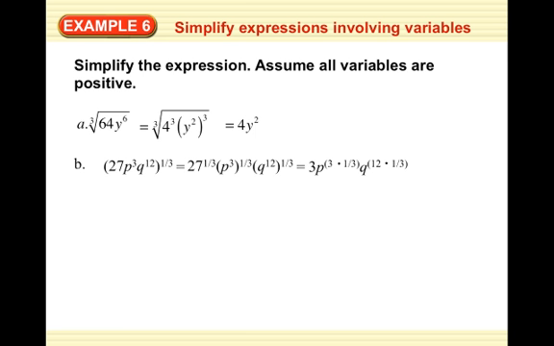We've got p to the 3rd power to the 1/3 power. So we're going to multiply those exponents. So we've got p to the 3 times 1/3. And then we've got the same kind of situation with q, but we've got q to the power of 12 times 1/3. 3 times 1/3 is just 1, so we have 3p because that exponent of 1 is left to be understood. 12 times 1/3 is 4, so our final answer is 3p q to the 4th.